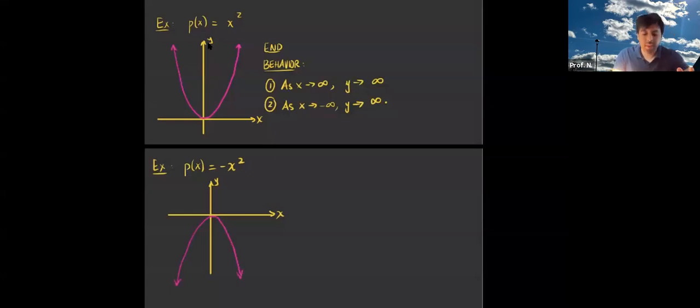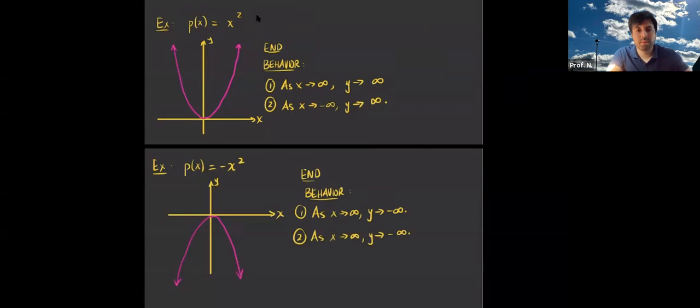And the end behavior also seems pretty simple to express. We say as x goes to infinity, my y values move towards negative infinity. And as x approaches negative infinity, the y values move towards negative infinity as well. Simple enough, we're just looking at the graph. So does this make sense? The end behavior is quite apparent for these.